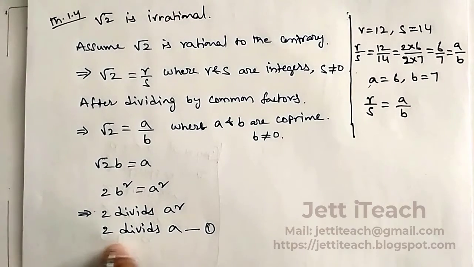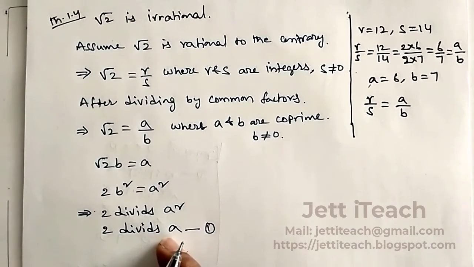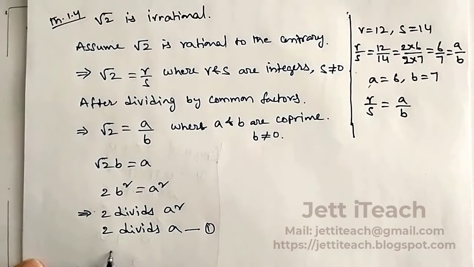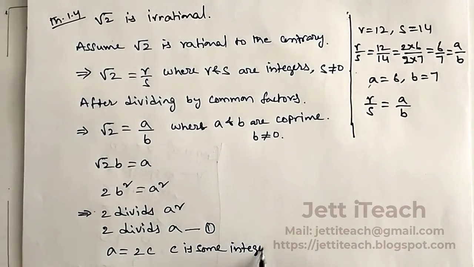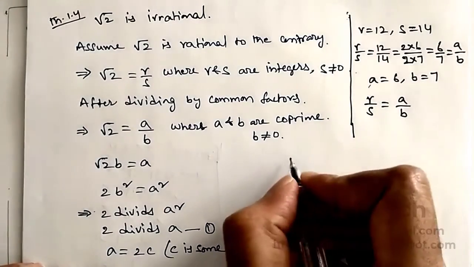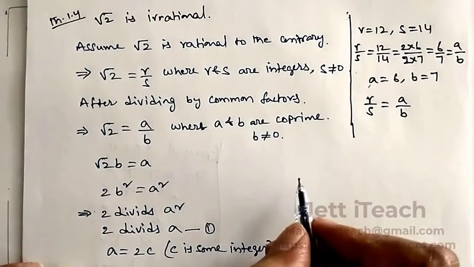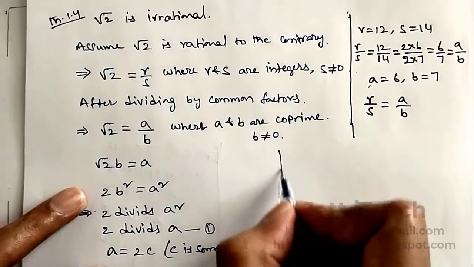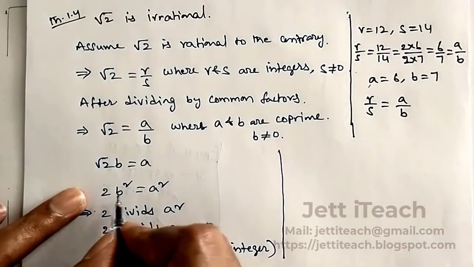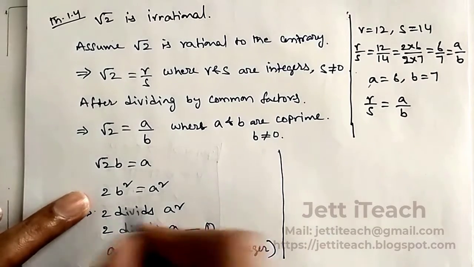Next, if 2 divides a, you can write a as 2c. c is some integer. So we know 2b square equal to a square.